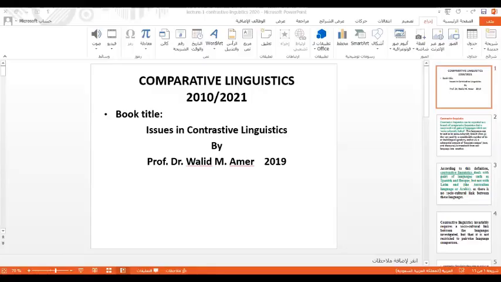In English, we have the adjective modifying the noun. Mostly pre-modifying. The pre-modifying adjectives are called attributive adjectives, and the adjectives which are post-modifying the noun are called predicative adjectives.